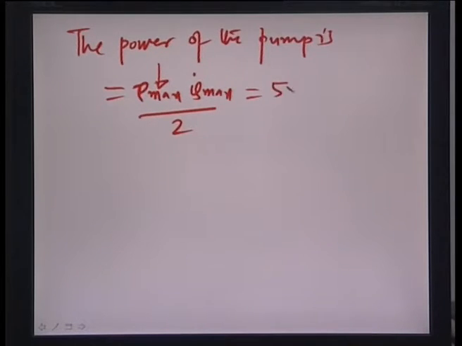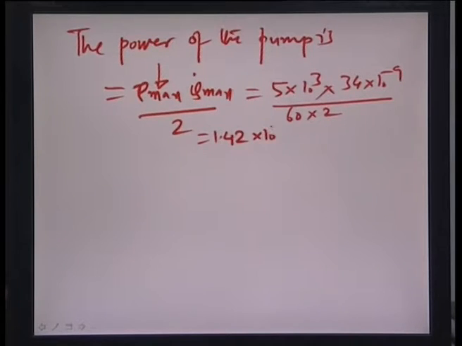So, 5 times 10 to the power 3 pascals is what the P max is. Q dot max is the maximum flow rate, which is about 34 microliters per minute. So, I can write that as 34 times 10 to the power of minus 9 meter cube divided by 60 per second, into 2. This comes out to be about 1.42 times 10 to the power minus 6 watts. That is what the power of the pump is.